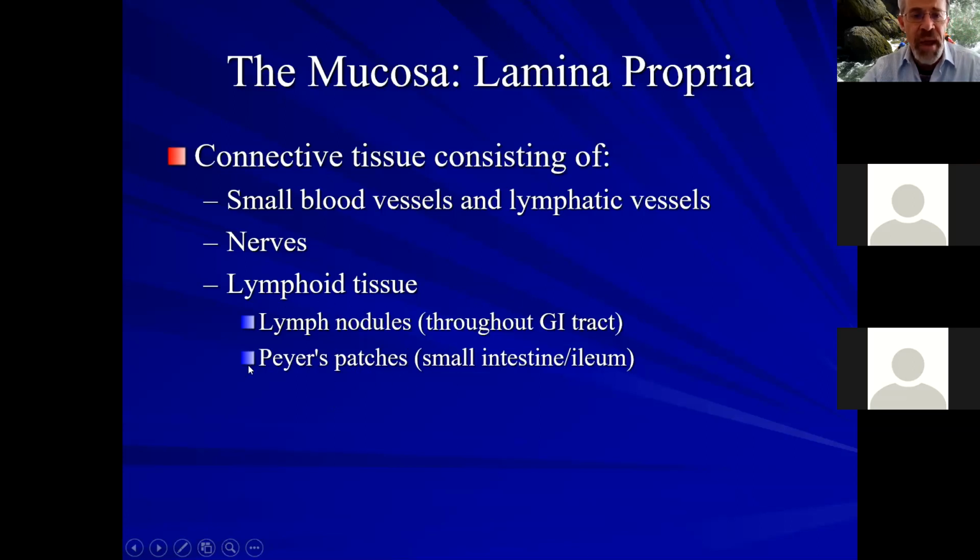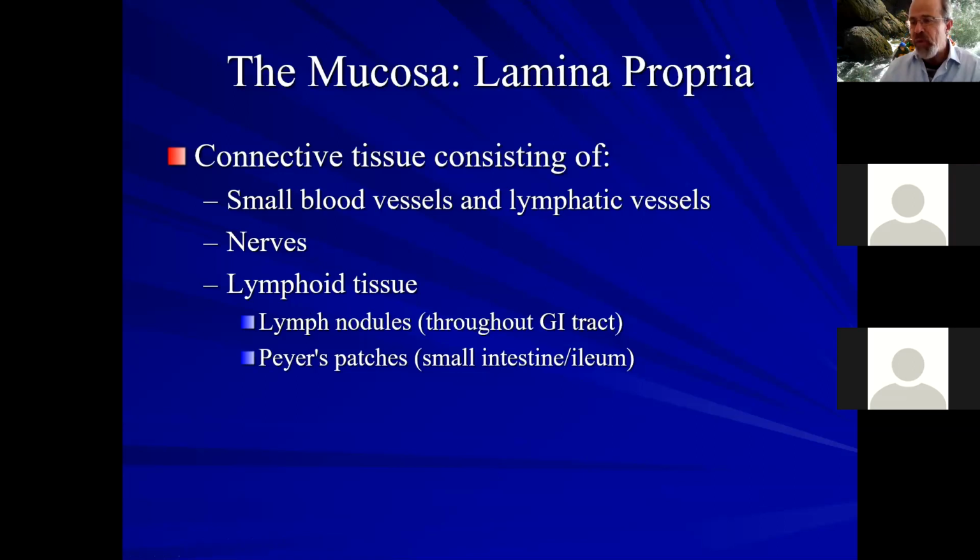So a lot of blood vessels, lymphatic vessels, nerves, and interestingly, we also have a lot of lymphocytes, lymphoid tissue through the digestive tract. They're known as lymph nodules, and they're known as Peyer's patches in the small intestine, named after Professor Peyer. You might wonder, well, this is odd. I thought lymphocytes were in the blood. Well, it's true they are, but we also have lymphocytes scattered in different parts of the body where there's access to the outside world.